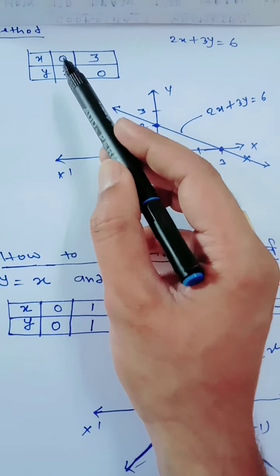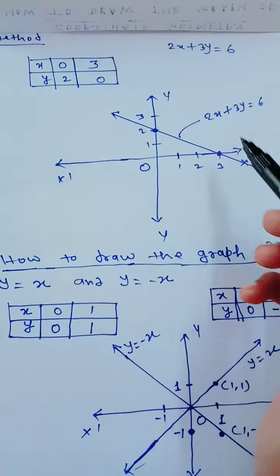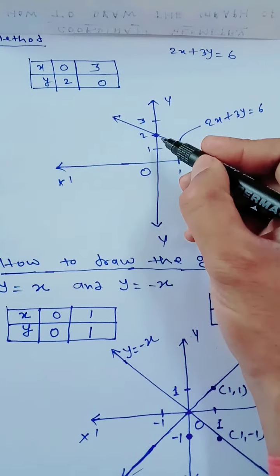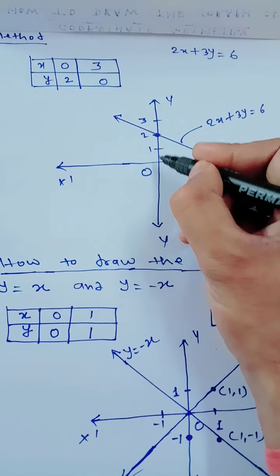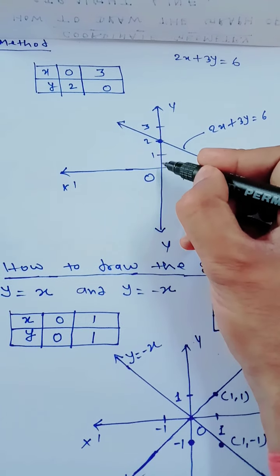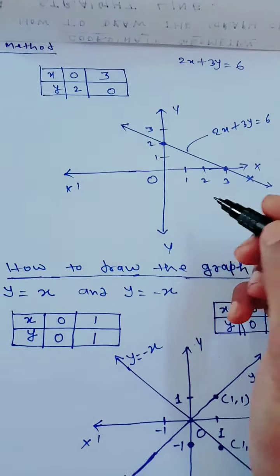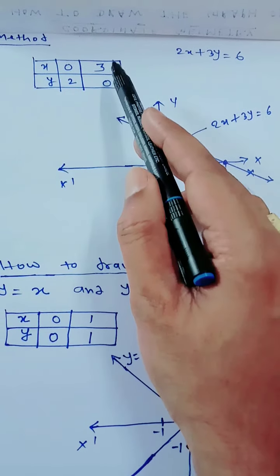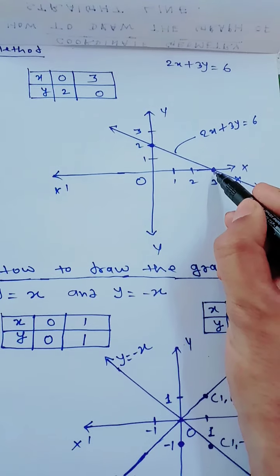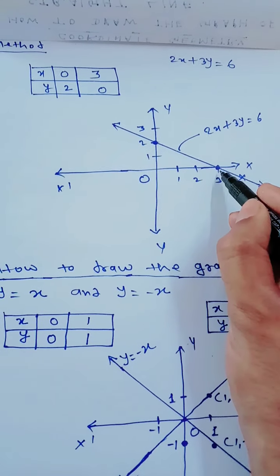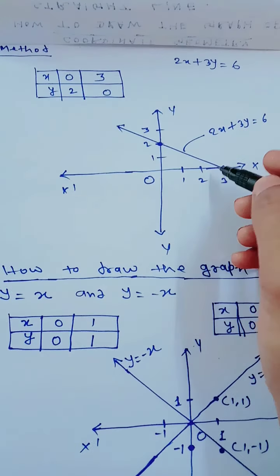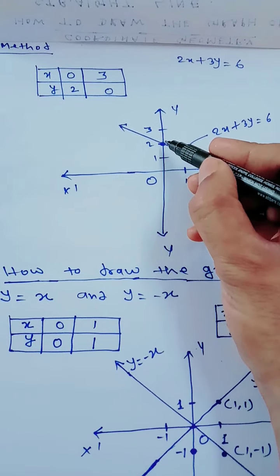So we have taken x equal to 0, y equals 2. So (0, 2) will be where? x is 0, y is 2, so it will be on the y-axis. Next y is 0, x is 3, so (3, 0). x equal to 3 will be on the x-axis and y is 0.